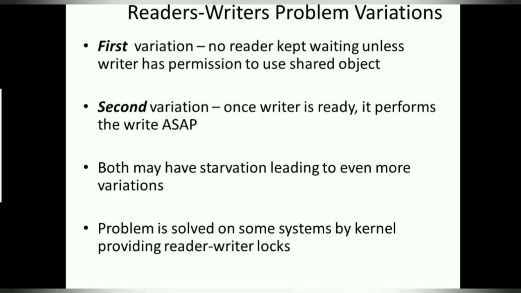Until it completes the writing operation, it does not allow any other process, not even a reader process. To elaborate more, if I have another process P4, and P3 and P4 both want to write, one of these processes gets a chance to write.